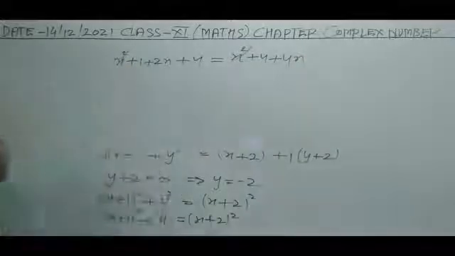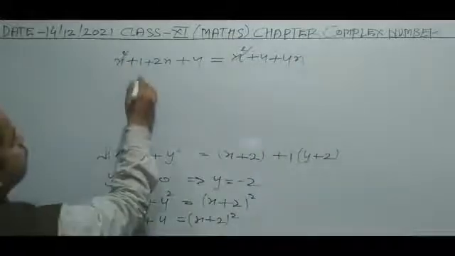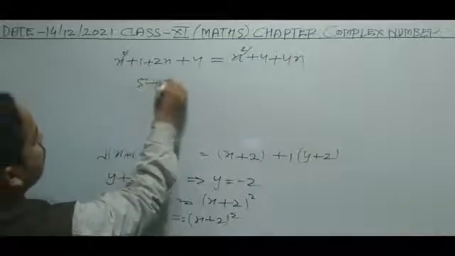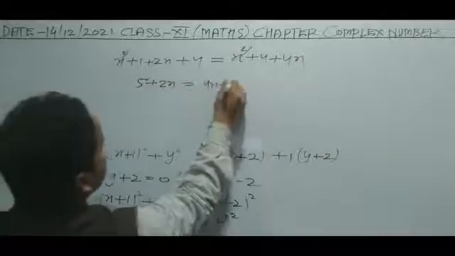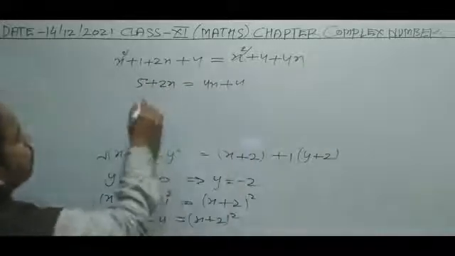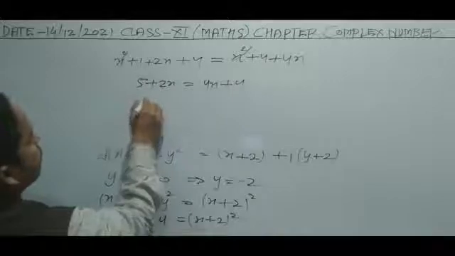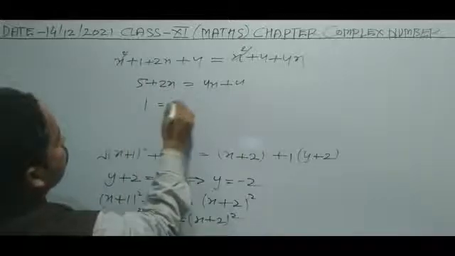This x square will cancel. So the result will be 5 plus 2x is equal to 4x plus 4. So this result will be 1 is equal to 2x.